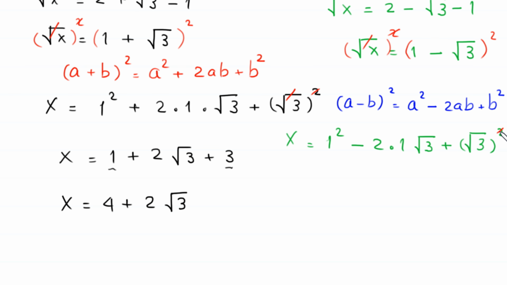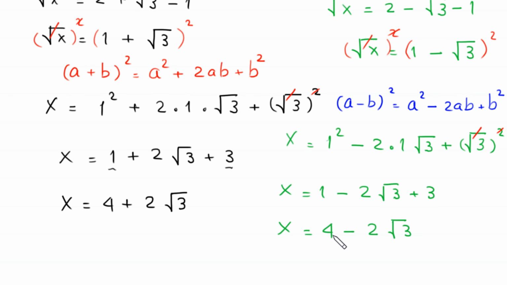So this square will cancel out with this square root, and we are left with x is equal to 1 minus 2 times root 3 plus 3. This will become x is equal to 1 plus 3 will become 4 minus 2 times root 3.